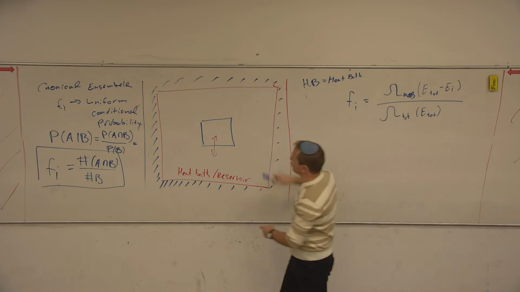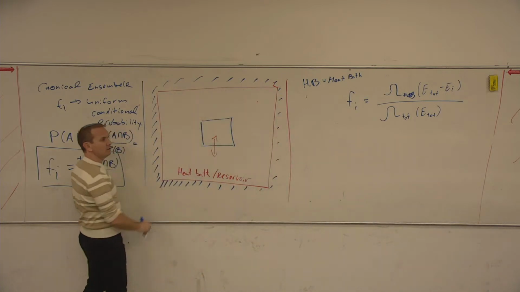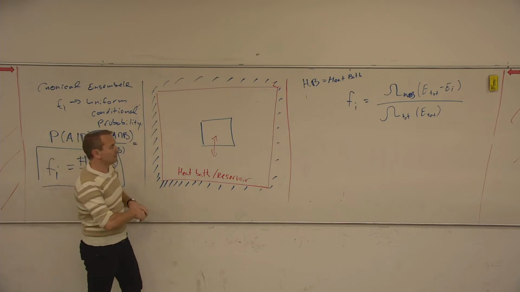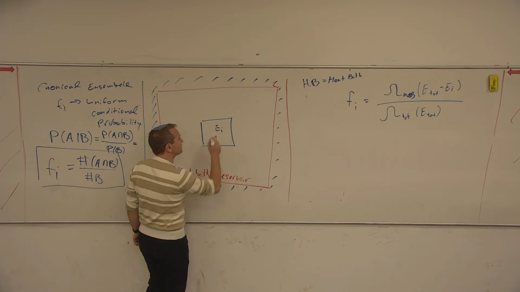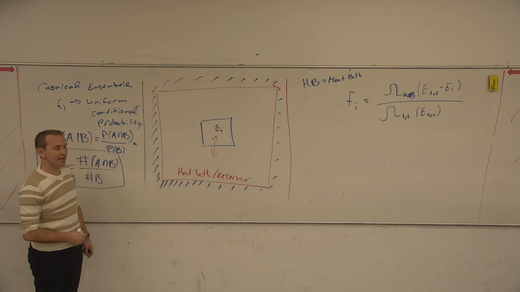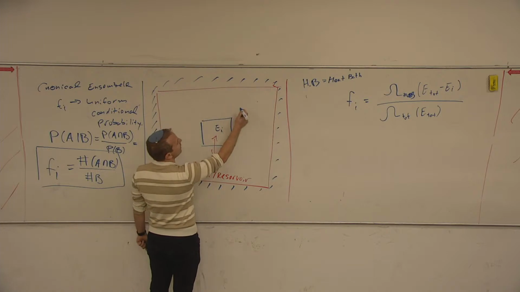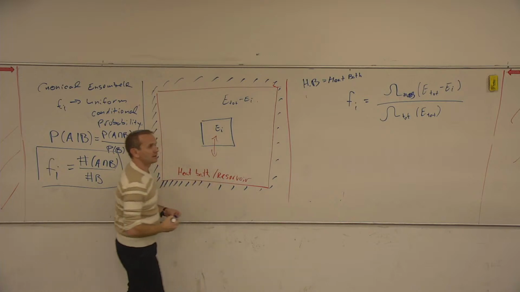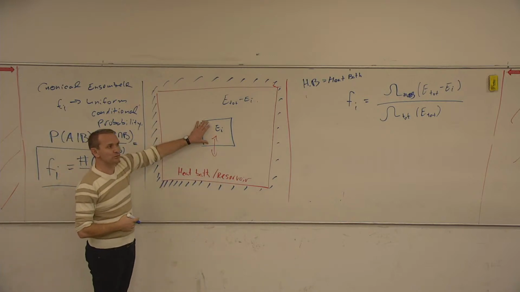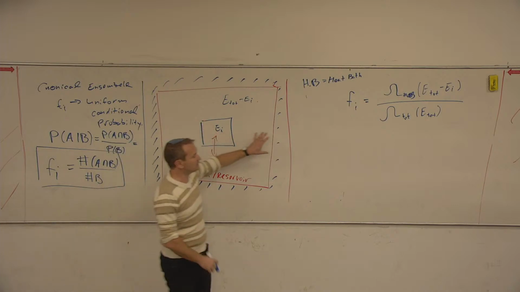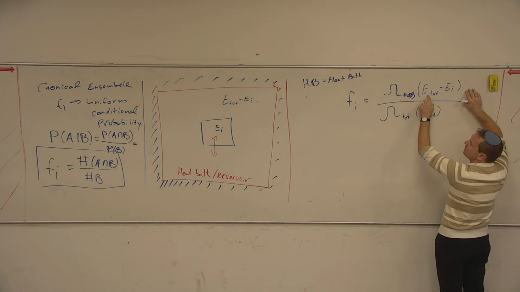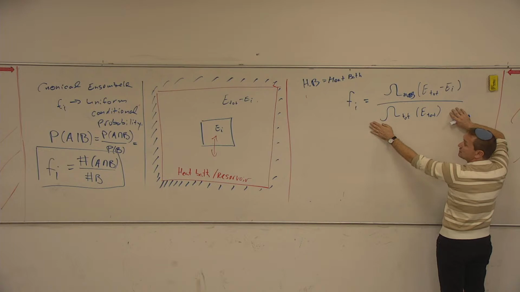I know that the total energy is constant. And I'm assuming that my system has an energy E_i. That means that the reservoir has the energy of E total minus E_i. So I'm saying that the number of states that I have is the number of states that the heat bath has under the condition that the total energy is E total, divided by the total number of states of the whole system.